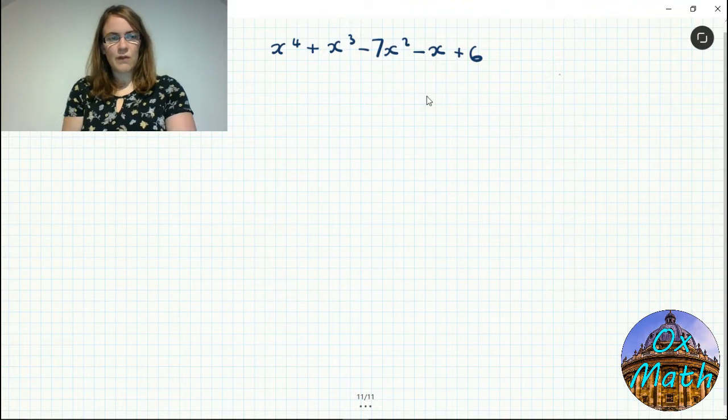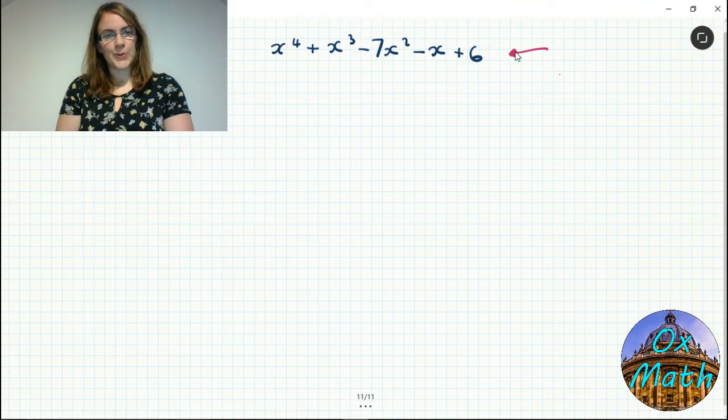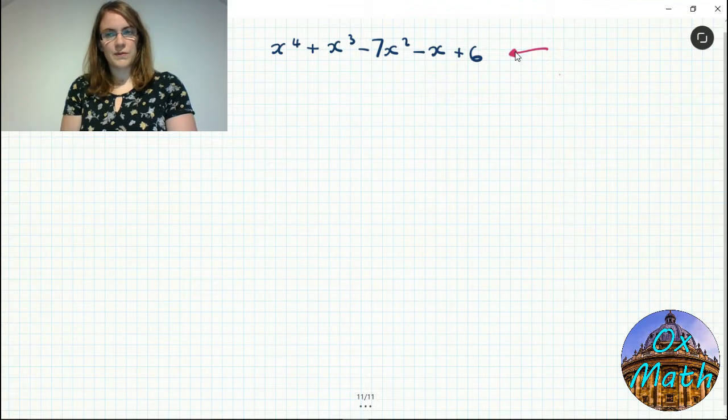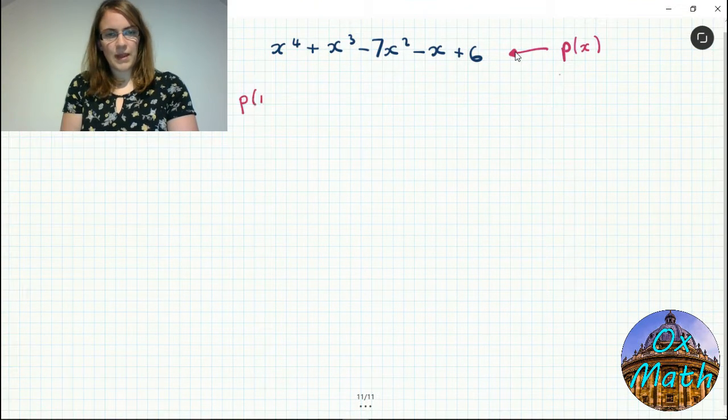So test yourself, pause the video and try and factorise this polynomial that's actually got degree 4. So I don't want to try lots of different polynomial divisions, so I'm going to plug in some values for x. So if I call this p of x, I'm going to first try p of 1.